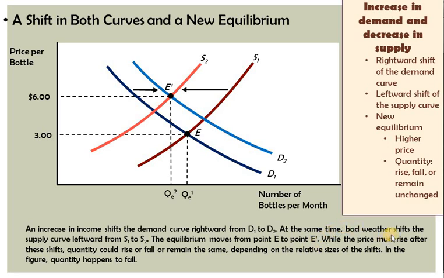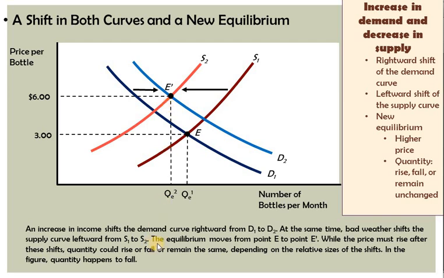At the same time, bad weather shifts the supply curve leftward from S1 to S2. So, what is the indication? Again, bumababa ang supply because of unfavorable weather. So, maybe nagkaroon ng bagyo. Dahil yung dapat naaanihin, nasira ng bagyo, hindi na po siya nagiging part ng supply. Kaya po ito ay bumababa.